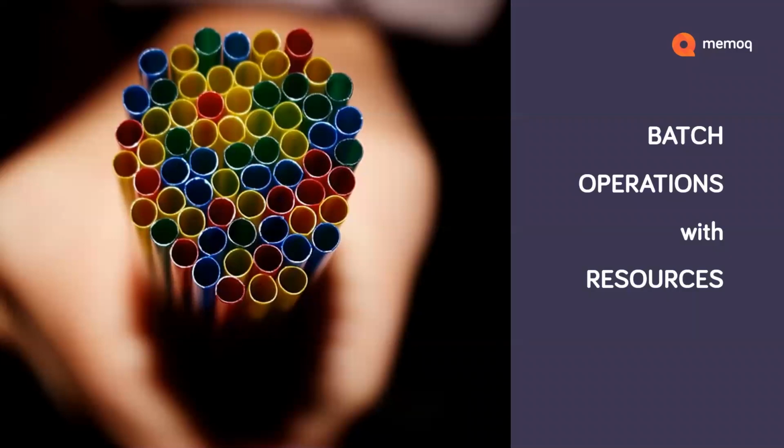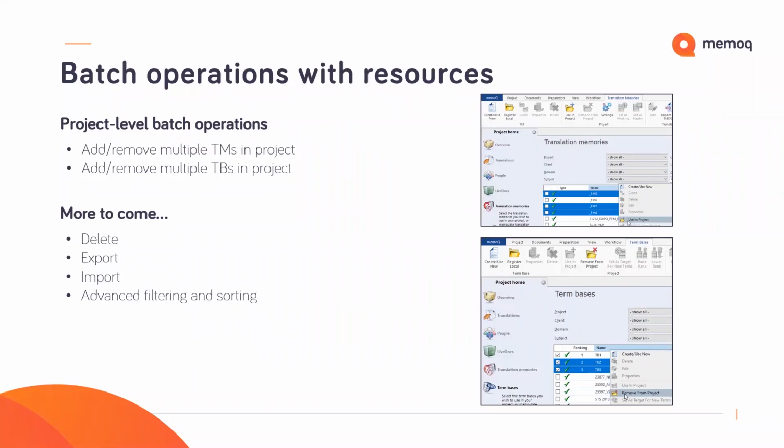And the next one is batch operations with resources. This has been one thing that we've heard so many times, and it was one of those big things we wanted to get around, but it's really a big task. So now we are approaching it piece by piece. In memoQ 9.3, we are focusing on the most immediate need of our users.